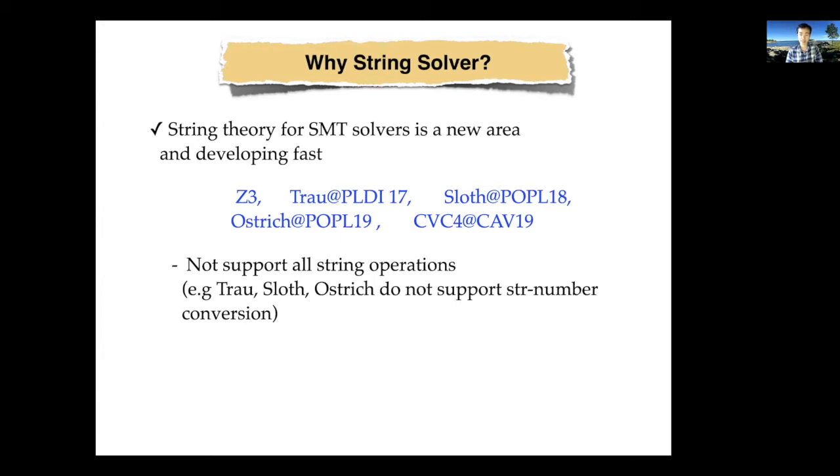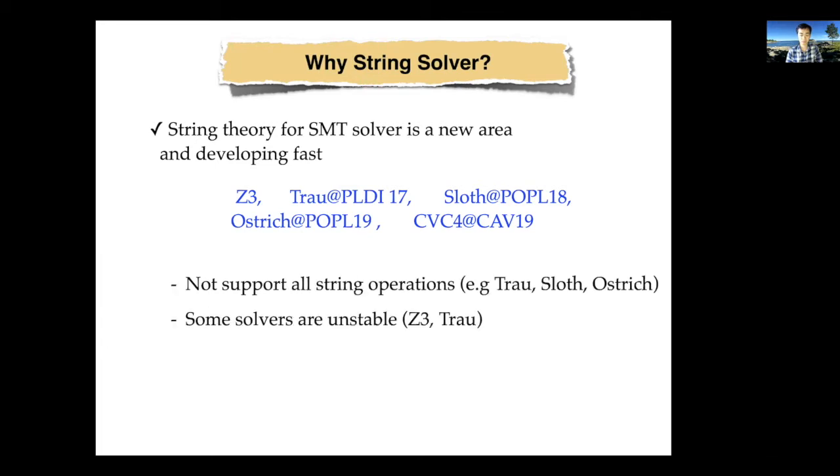However, there are some limitations of those string solvers. The first one is that some string solvers do not support all string functions. For example, Trau, Slot, or Ostrich currently do not support string to number conversion. And some of the solvers are not stable. They can be wrong in some cases.